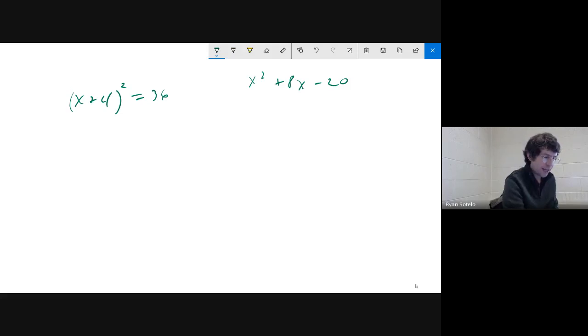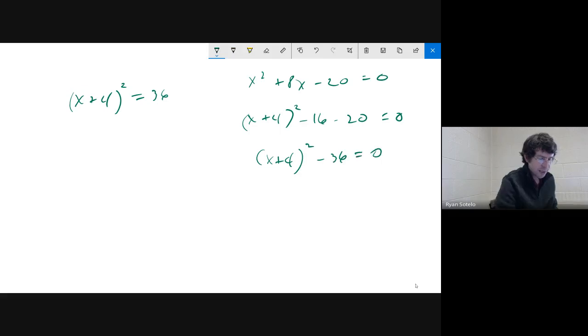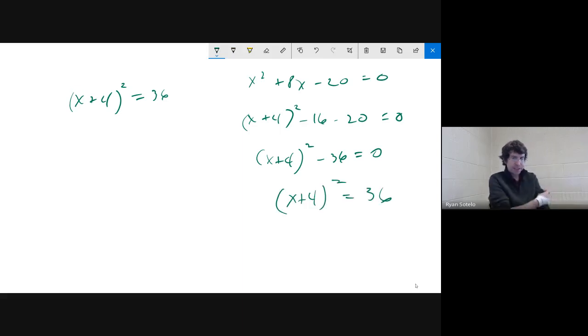So half of the 8, minus the 4 squared. Keep the minus 20. This is equals 0. Okay, so this makes a minus 36. And they want this on the other side, so that's what we got to.